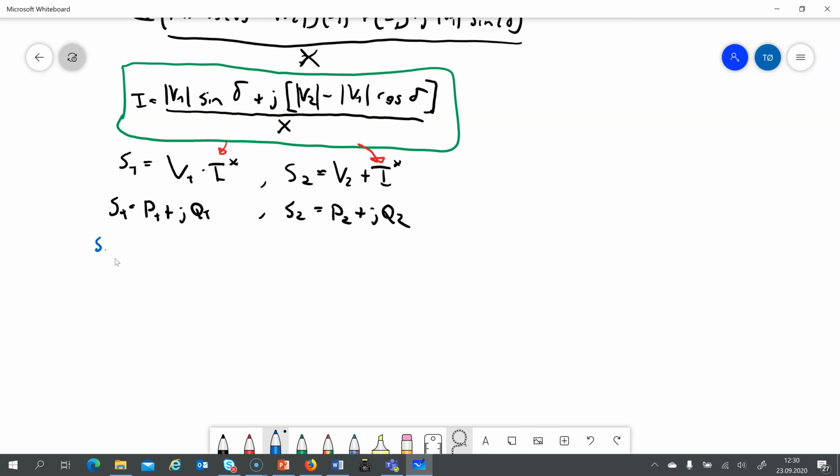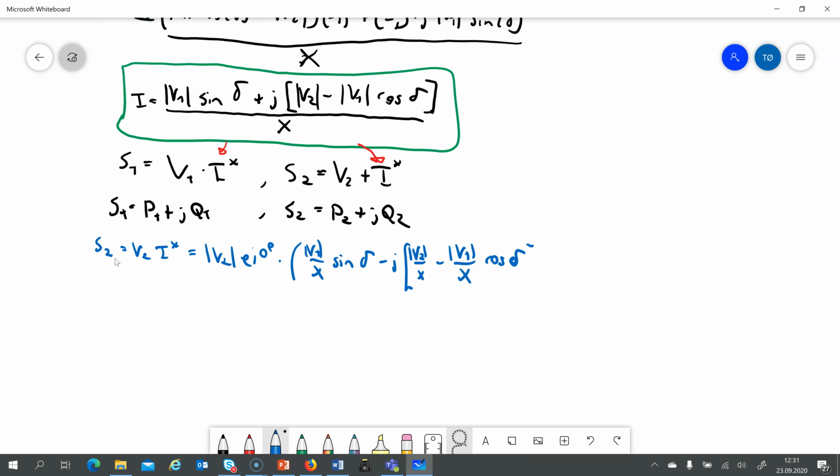Start with the S2, I think. S2 equals V2 at 0 degrees multiplied by V1 over X sine delta minus j, and we have, yes, that should be the expression.